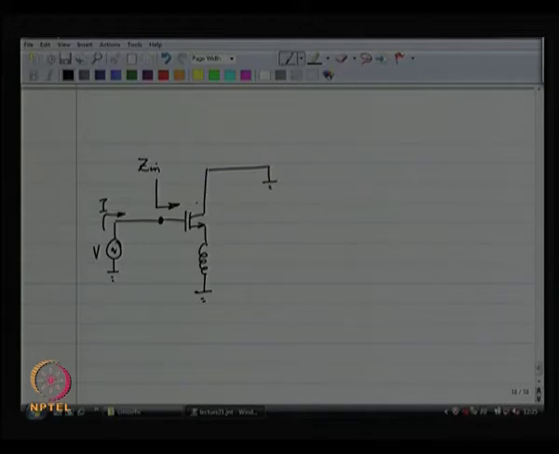And you have to replace the MOSFET with its small signal model. All right, these are all the different components.